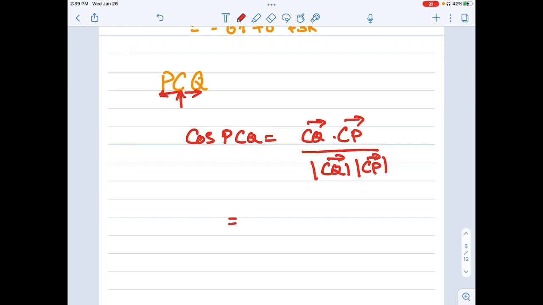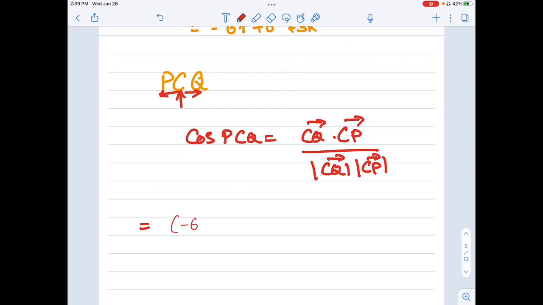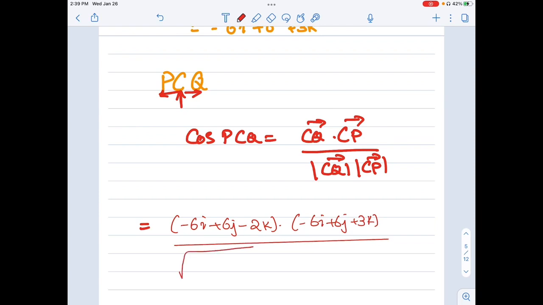So CP dot CQ: CP was minus 6I plus 6J minus 2K, dot minus 6I plus 6J plus 3K, divided by modulus of CQ, which will be square root of 6 square plus 6 square plus 3 square, times modulus of CP, square root of 6 square plus 6 square plus 2 square.